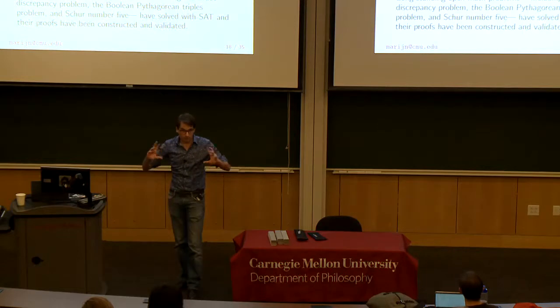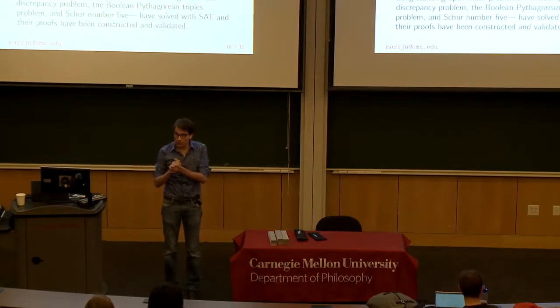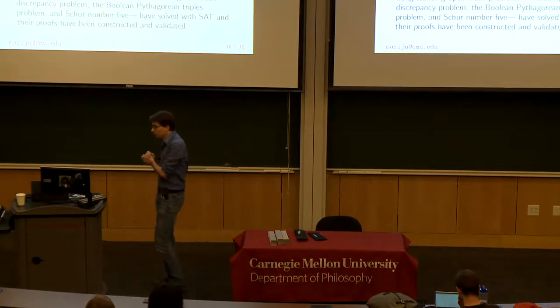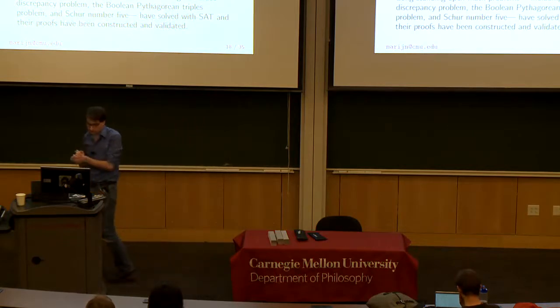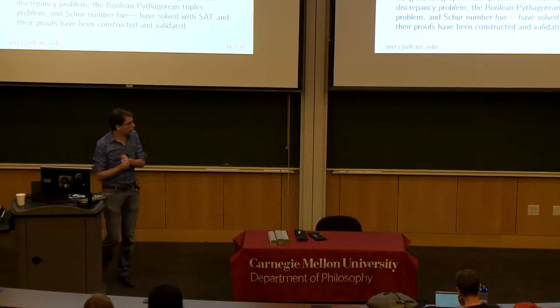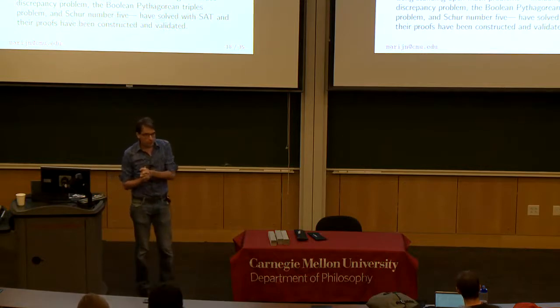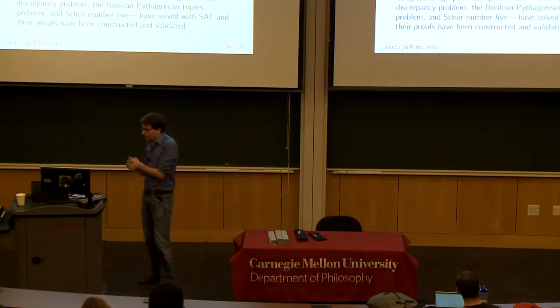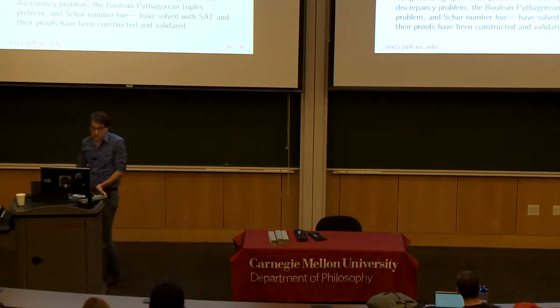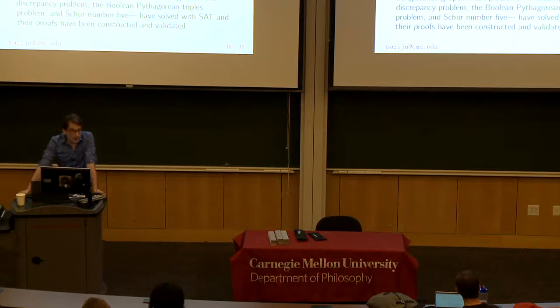I don't have time to talk about it, but some new proof systems allow much more compact proofs than, for example, resolution. The proof of Schur number 5, another hard combinatorial problem, was 2 petabytes in size, but it has been checked reasonably efficiently in parallel using the ACL2 theorem proving system. This is now the largest proof ever. This is not the largest proof ever.